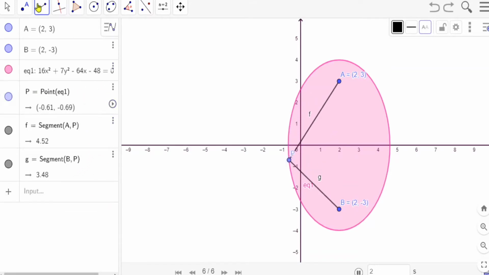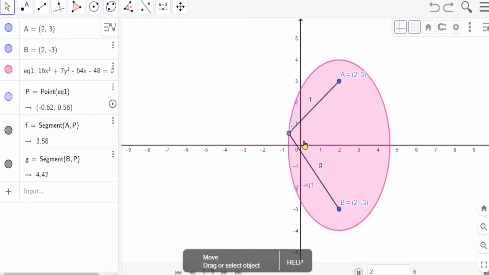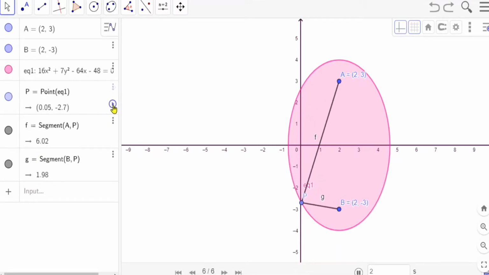You see, now if P moved here, what happened? 3.4 plus 4.58, that is also 8. Next here 1.98 and another one is 6.02, so 6.02 and 1.98 gives 8. Next here also you see 6.95 plus 1.05 is 8. Here also, 6.22 plus 1.78 is what?